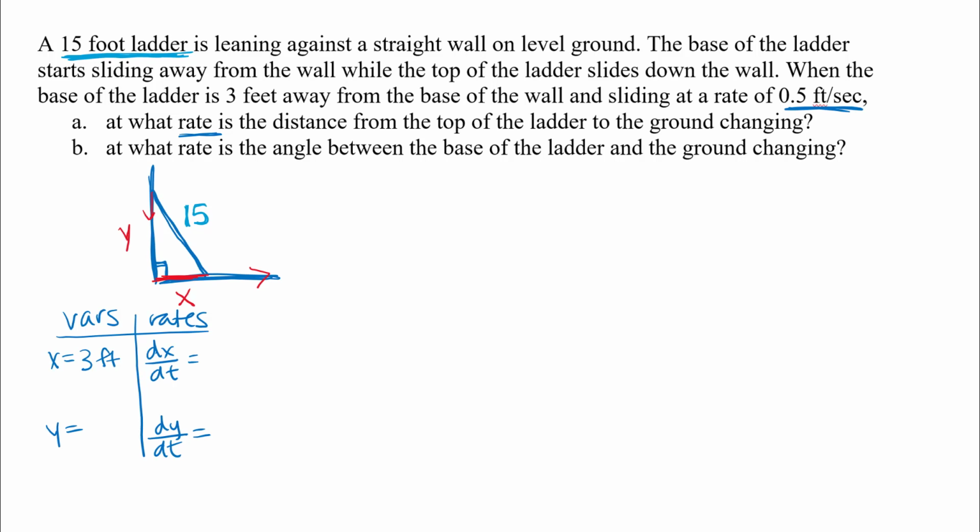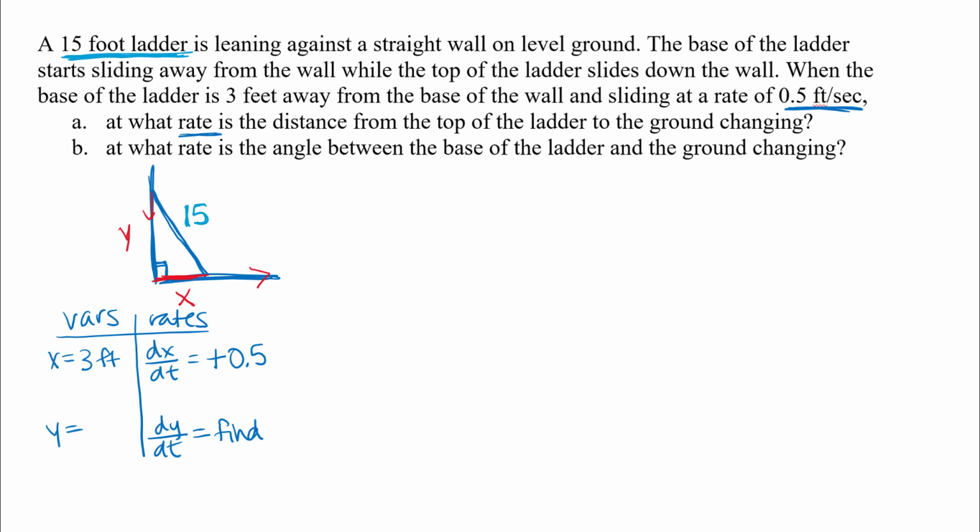My little arrow on my diagram might help you think about that. Since that ladder is sliding away from the wall, that X distance is going to be getting bigger. So this is a positive rate of change, 0.5 feet per second. And then it asks us at what rate is the distance from the top of the ladder to the ground changing, so that's what I need to find.